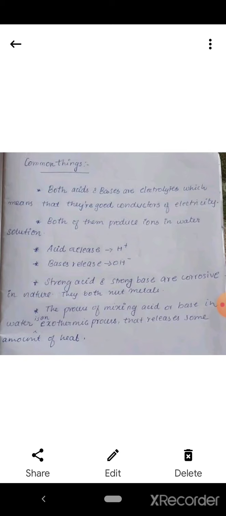The separation of H+ ions from HCl molecules cannot occur in the absence of water. Hydrogen ions cannot exist alone, but they exist after combining with water molecules. Thus, hydrogen ions must always be shown as H+ or H3O+ ions. H3O+ is the hydronium ion.